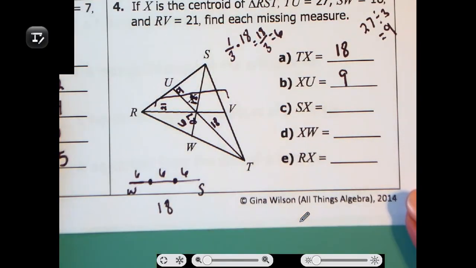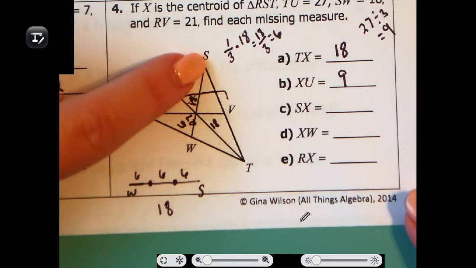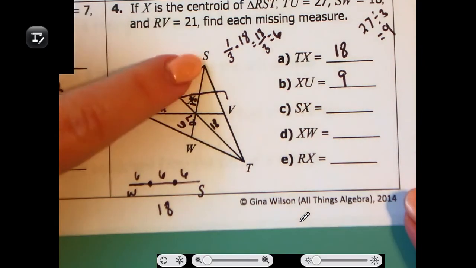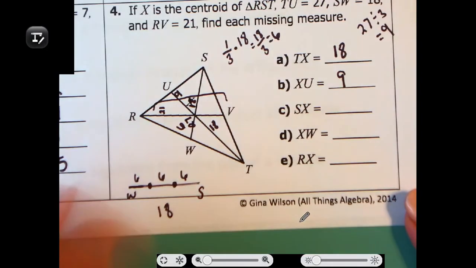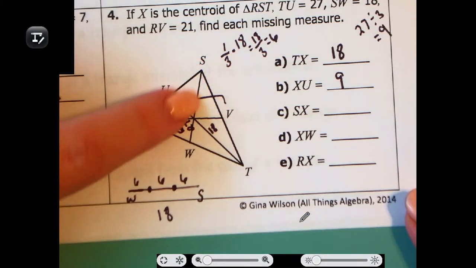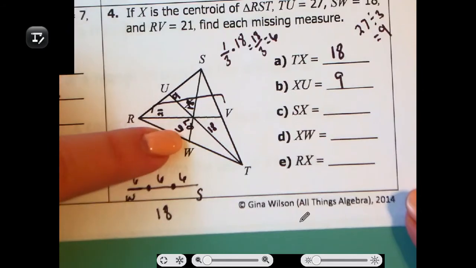Now let's look at the next median. So if we're looking at SX, so this longer part here, SX, and for SW, so that's part of that whole median SW, which is 18. So I just had to kind of figure that one out over here. So for SW, this whole thing, it's 18. So if I divide it by 3, I get 6.